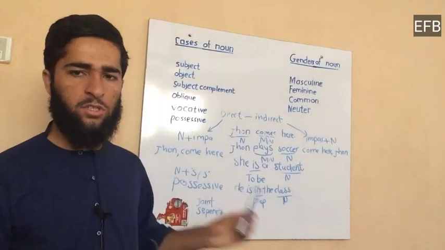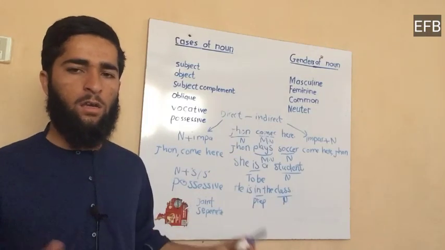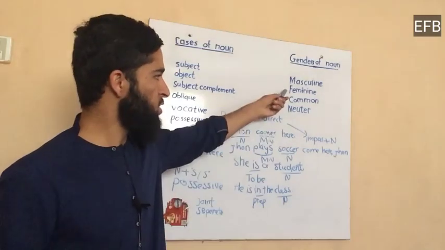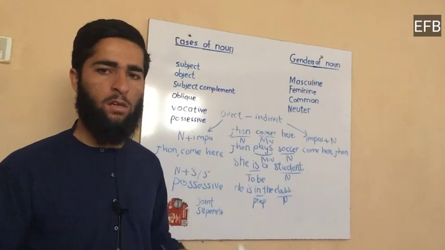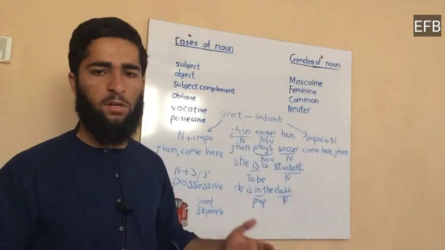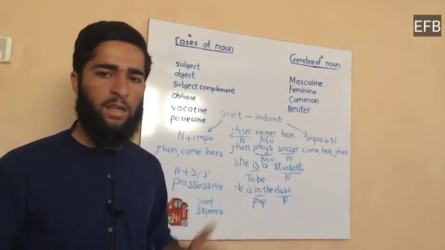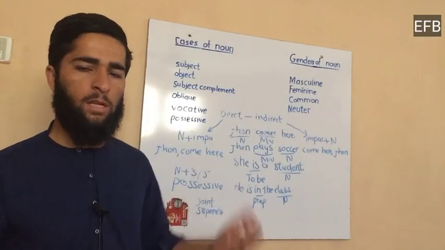Masculine gender refers to male living beings such as boy, father, grandpa, etc. Feminine gender refers to female living beings, for example, girl, mother, daughter, granddaughter, etc.